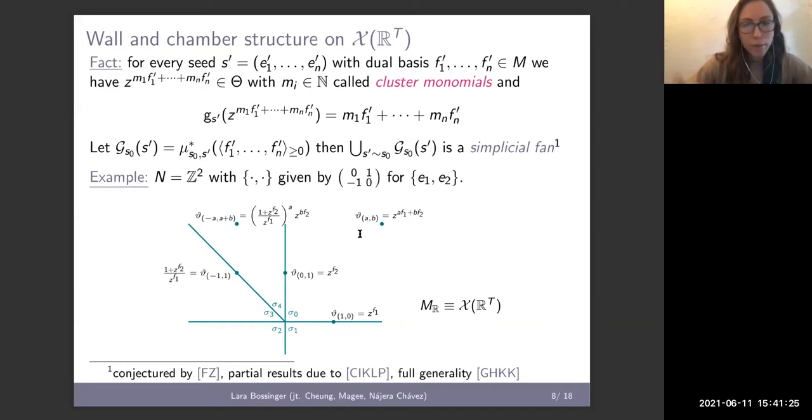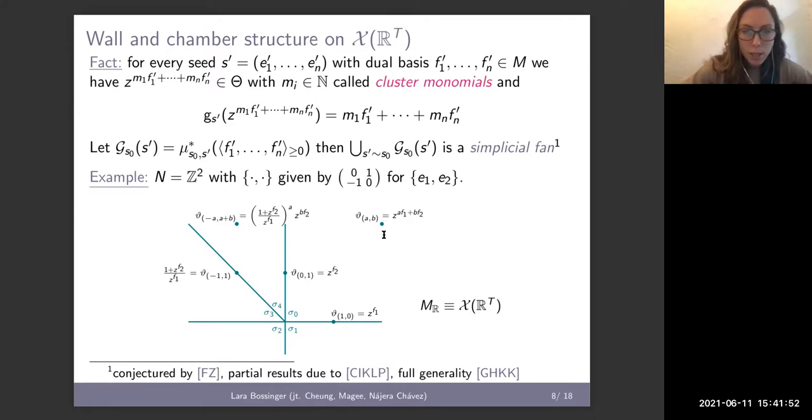And as I have expressed everything here in the coordinates of my first chart, if I run through the rest of the diagram, I encounter other variables. For example, along this (-1, 1) ray, my theta function is the coordinate associated to the mutation of the z to the f1, and it is a Laurent monomial in the initial seed.